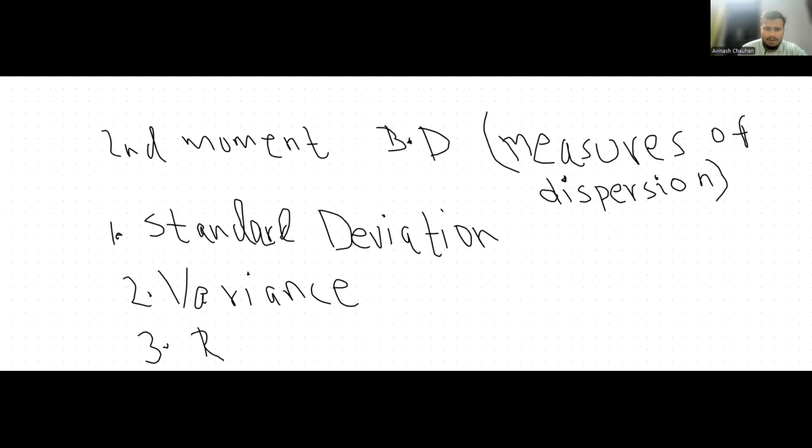So these all come under the second moment of business decision, which is measures of dispersion: standard deviation, variance, and range. Now we will discuss one by one the meaning of each particular term.